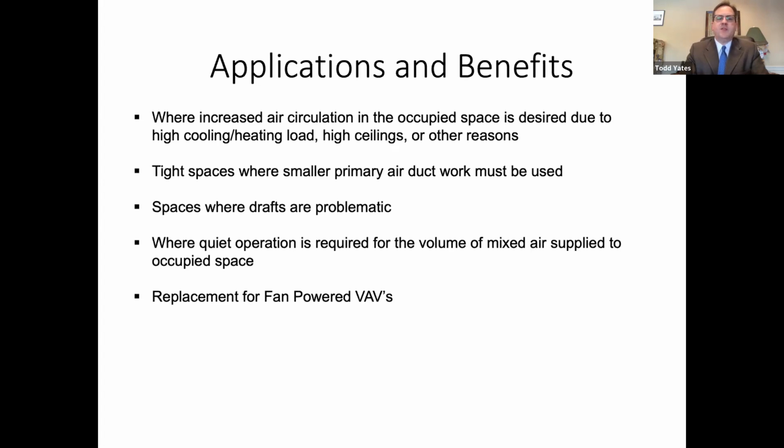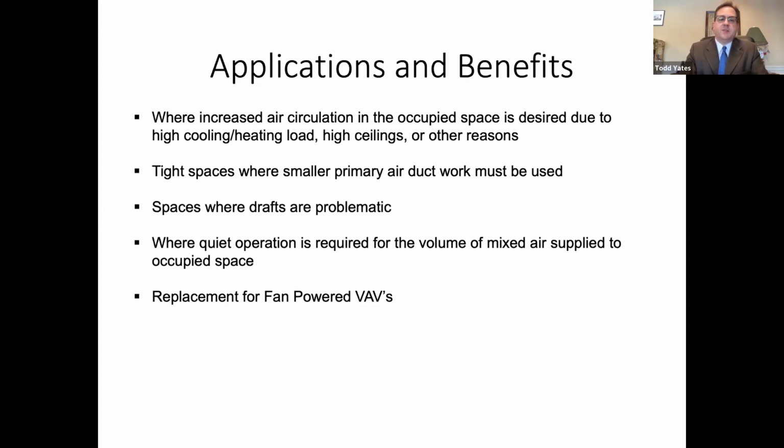These are used where increased air circulation in the occupied space is desired due to a high cooling or high heating load, potentially high ceilings. What you get is a greater velocity at the diffuser than you would get just from the primary air from the air handler. So that creates better mixing, better airflow within the space.